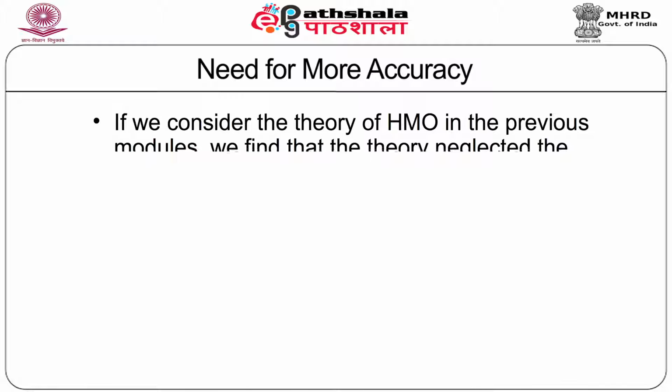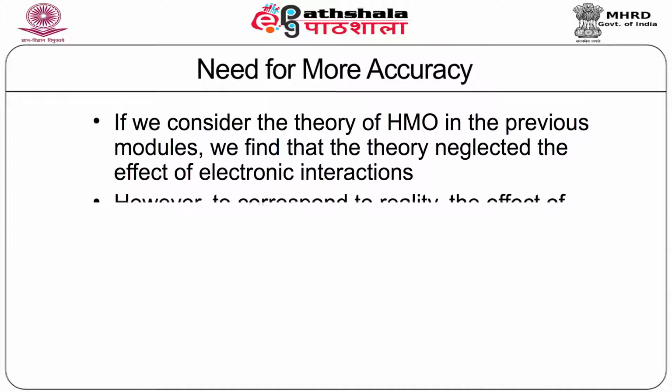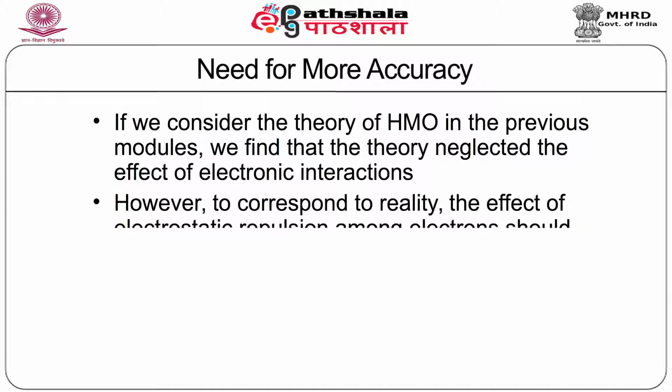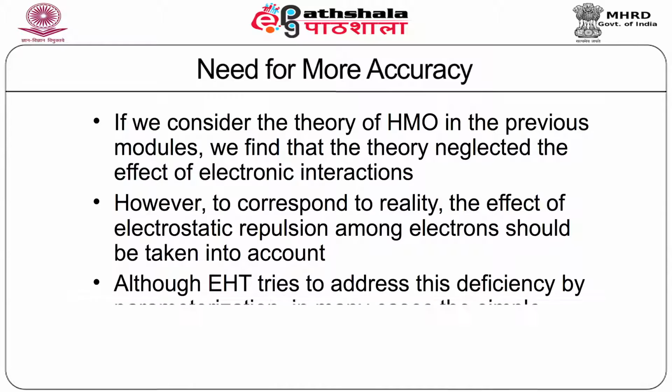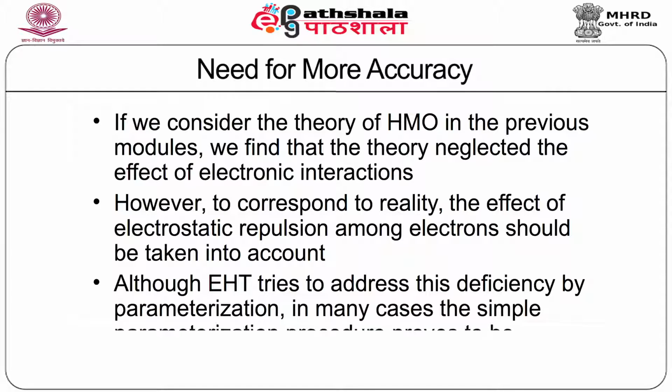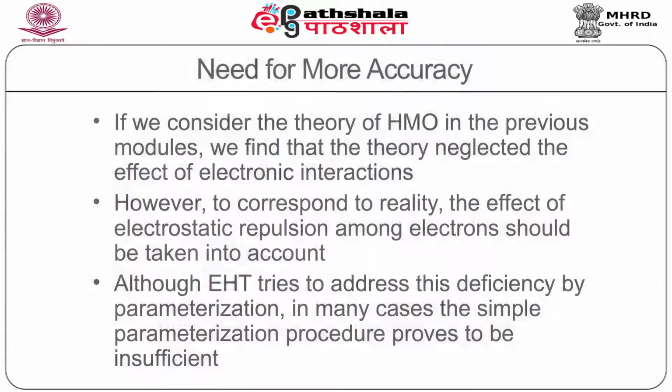Now, if we consider the theory of Huckel molecular orbital in the previous modules, we find that the theory neglected the effect of electronic interactions. However, to correspond to reality, the effect of electrostatic repulsion among electrons should be taken into account. Although the extended Huckel theory tries to address this deficiency by parameterization, in many cases the simple parameterization procedure proves to be insufficient.